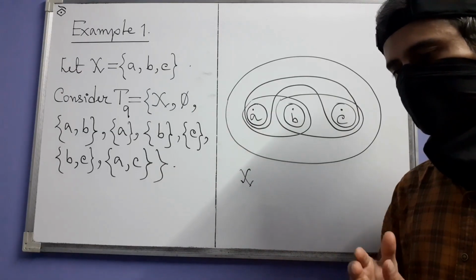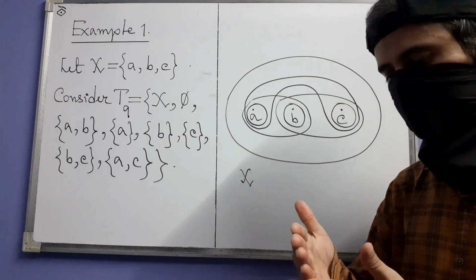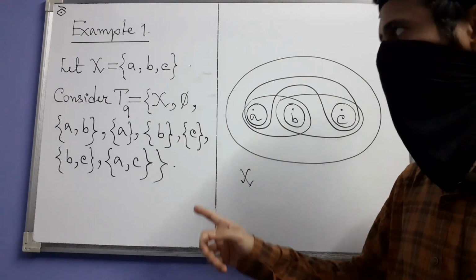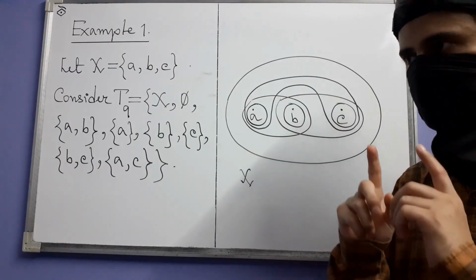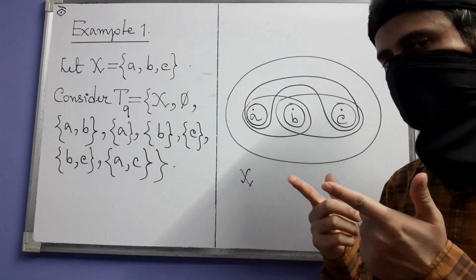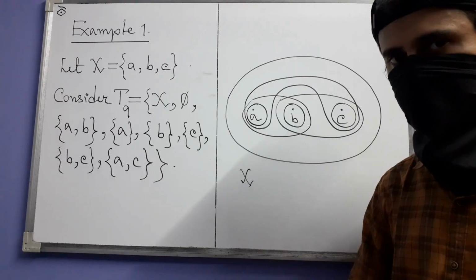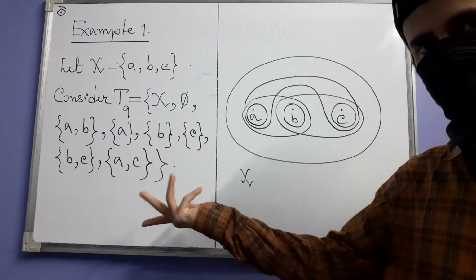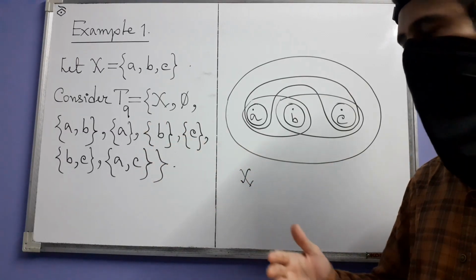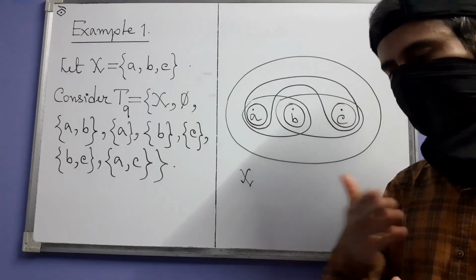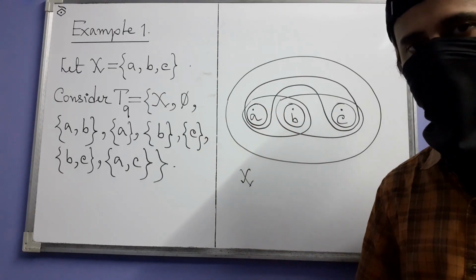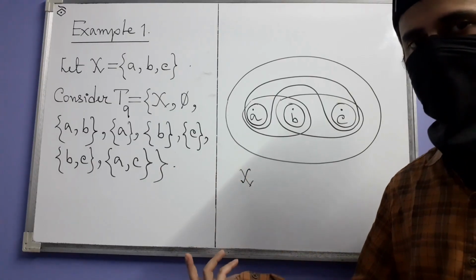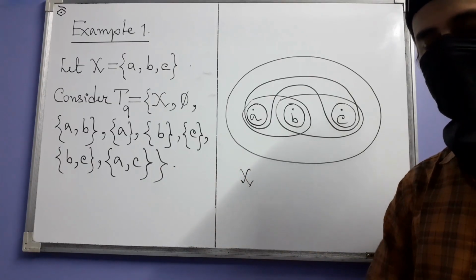If you take any number of subsets of a given set and take their union, that union ultimately is again a subset of X. So that will be present here because all subsets are present. Similarly, any finite intersection of subsets of X is again a subset of X. So this is automatically a topology on X.